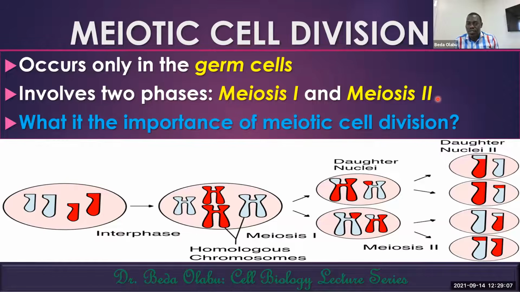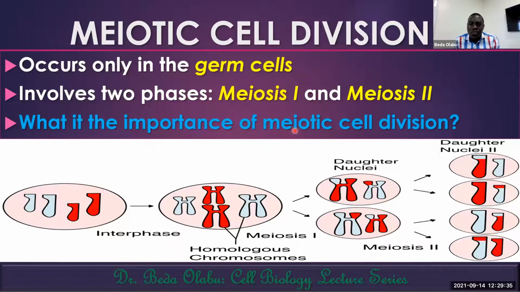Now, the second reason why cells undergo meiotic cell division is so that we can have genetic variation. The daughter cells in meiosis are not genetically identical, unlike in mitosis, where the two daughter cells are actually genetically identical.